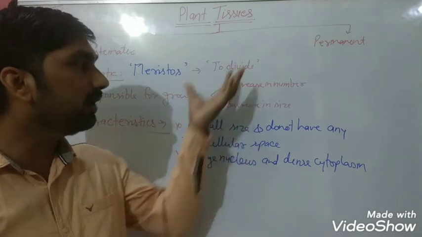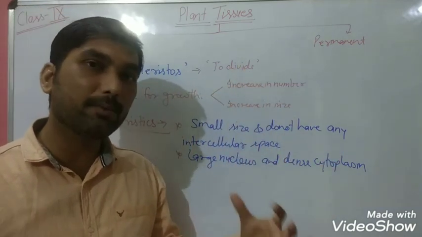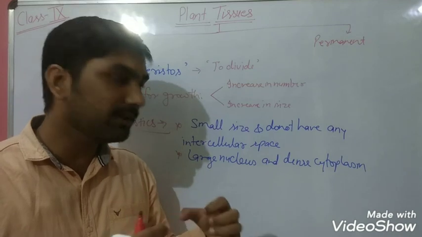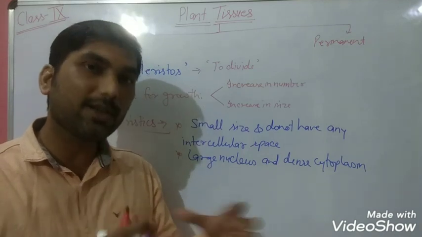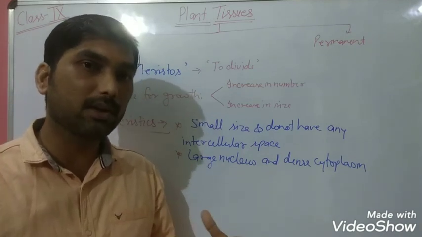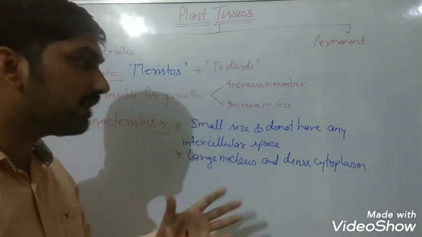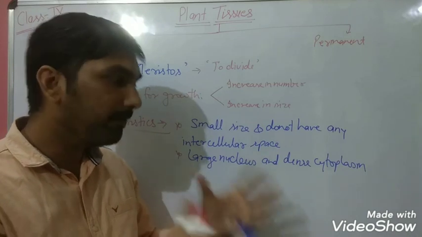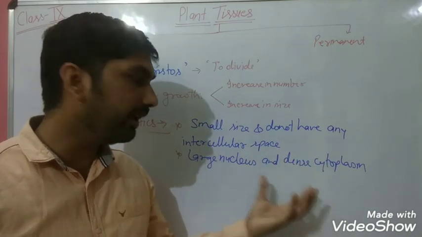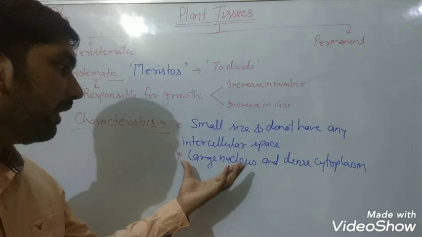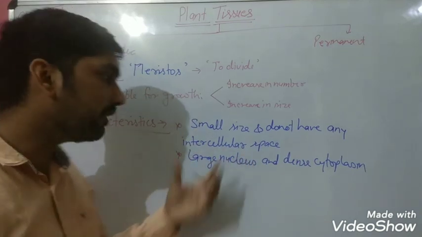Because their function is only to divide, their cytoplasm will contain a large number of cell organelles which are responsible for the division of the cell, so that each and every cell contains all the cell organelles evenly, and that is why the nucleus is also large.